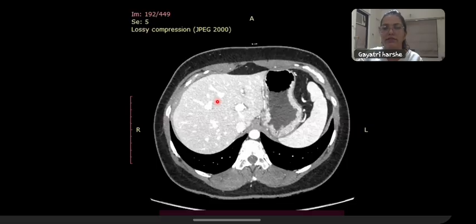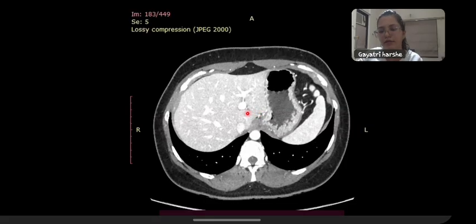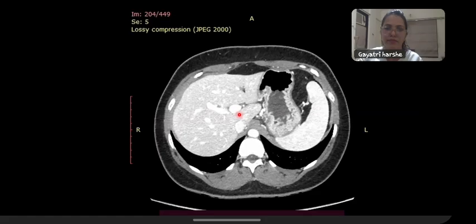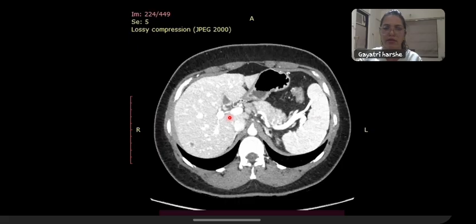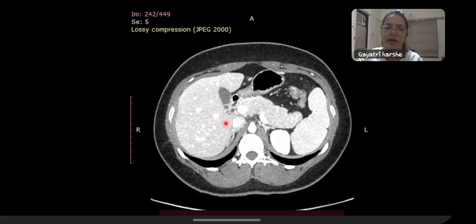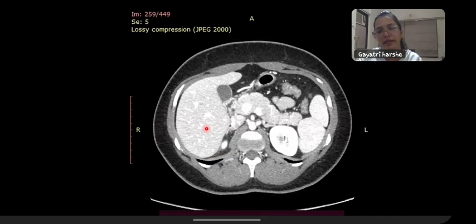So now, as we just saw, the main planes of decision are the right hepatic vein, middle hepatic vein, and left hepatic vein, as well as the portal vein. Going down, what are the other things by which we can identify the segments?